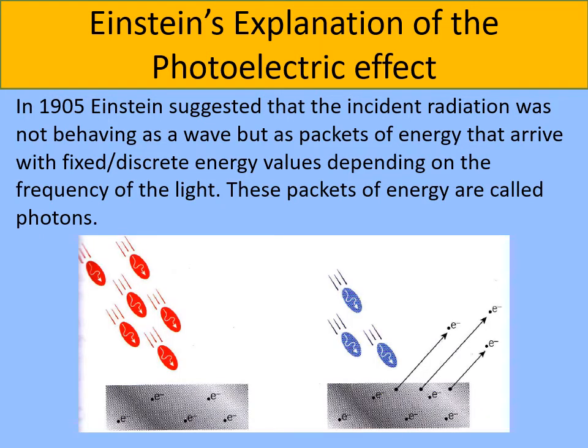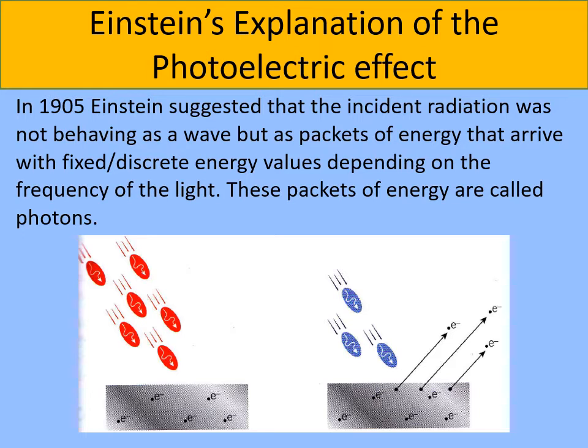Now, a single photon of UV light can release a single electron from the plate. However, a single photon of visible light has less energy and so cannot release an electron. In this picture, for example, we have visible light in the form of red light photons arriving with not enough energy and not enough frequency, so frequency below the threshold frequency, and they are unable to liberate any electrons whatsoever.